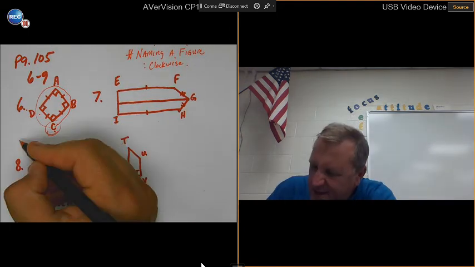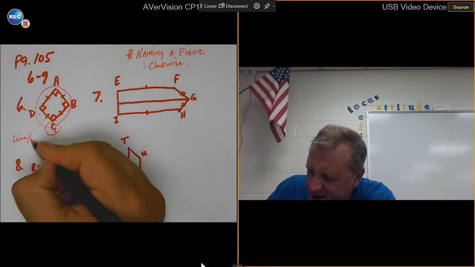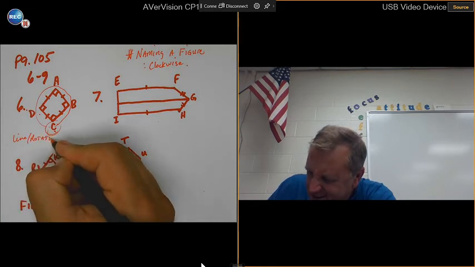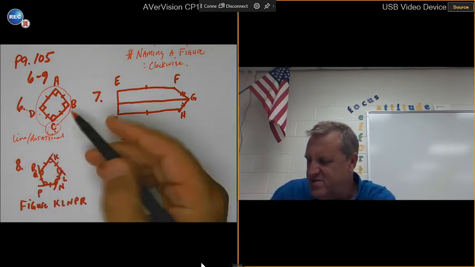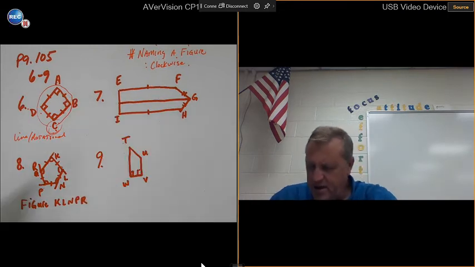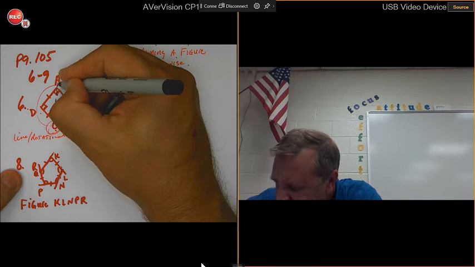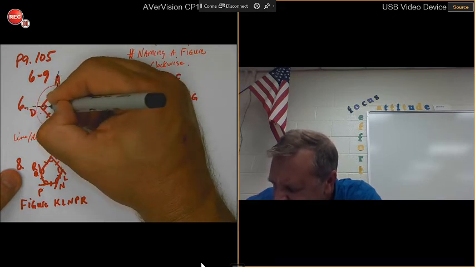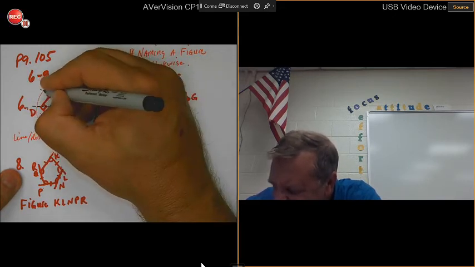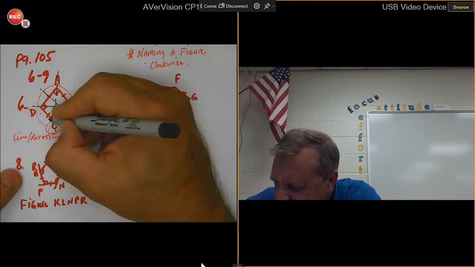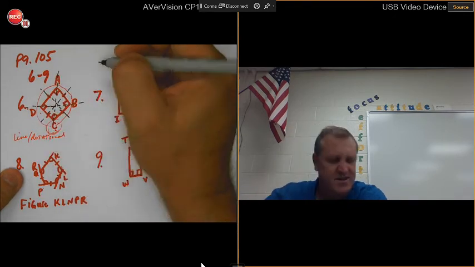All right, so now back to the square. This is both line and rotational. That would be both of those. And then if I draw in the lines, let's see, I see this one. I see this one. I see this one. I see 4 lines of symmetry.